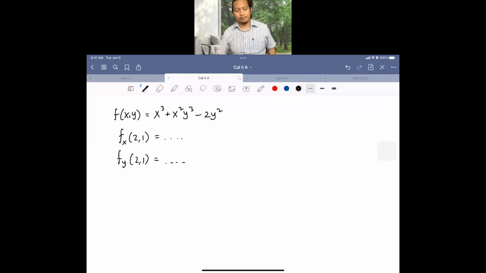Now we need to find the partial x and partial y at the point (2, 1). So how to find partial x? Basically, for partial x, we treat y as a constant and differentiate with respect to x. And for partial y, we differentiate with respect to y, and x we treat as a constant.